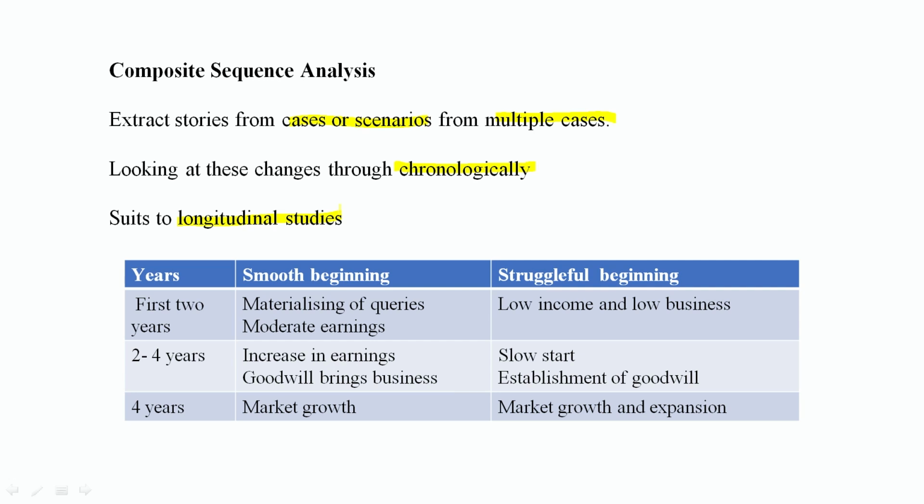So, when we talk about starting up a business, if you interview people who have a minimum of 5 to 6 years of experience of running a business, many of them may say they had a struggleful beginning, and some of them may say no, they had a good beginning. And when you look at the progress happening over the years, the progress and market coverage, we can find a difference of opinion, and we can make it in a matrix format which will give you a kind of sequential analysis of what happened sequentially, that we call composite sequence analysis.